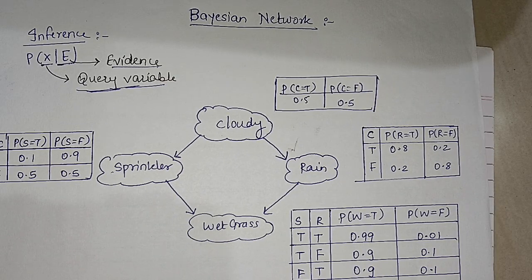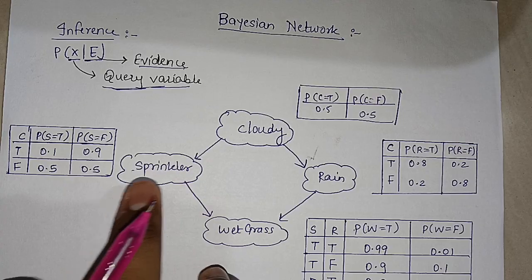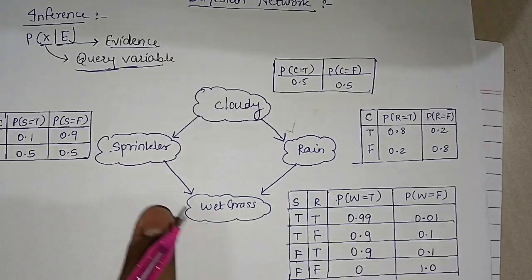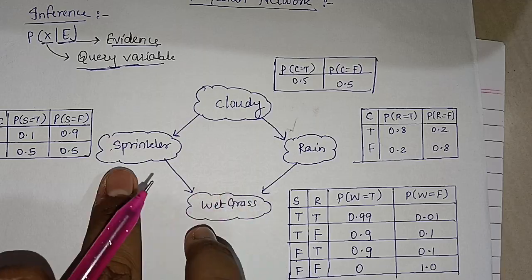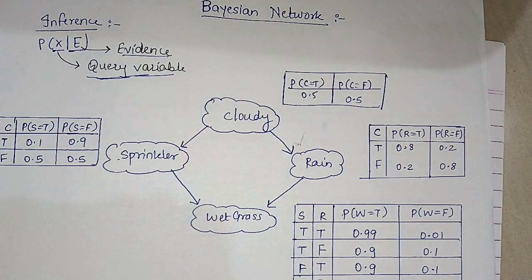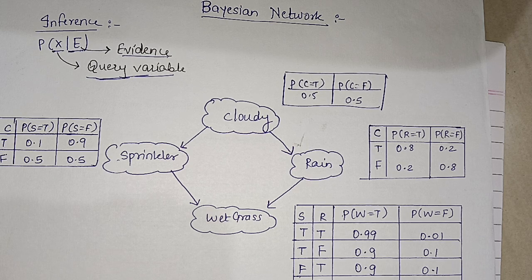Sprinkler and rain both are dependent on cloudy, and wet grass is dependent on sprinkler and rain, as you can see from the arrows.